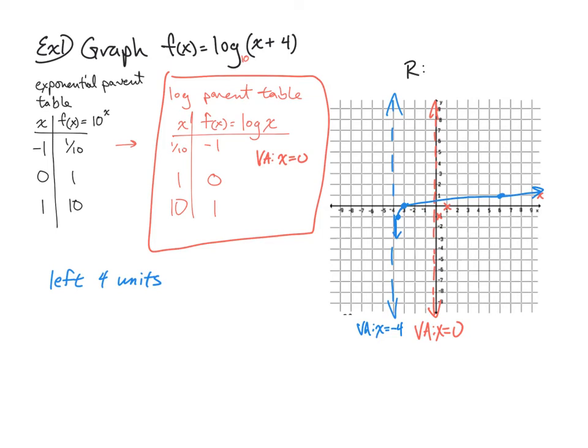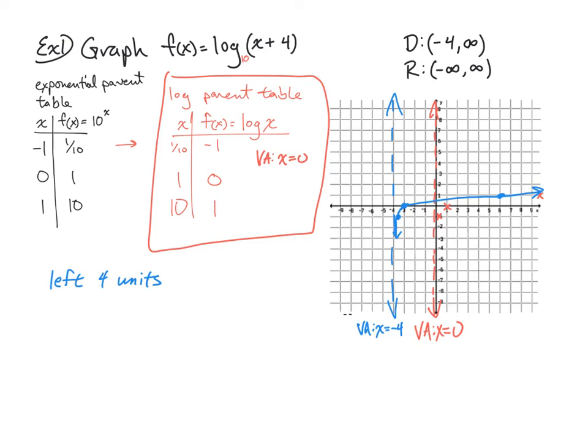We know the range is going to be -infinity to infinity. The domain here we can figure out: how far left does it start? Well, we're not going to go past -4, so we can start at -4, and then it'll go off to the right, off to infinity. So let's see, -4 to infinity.